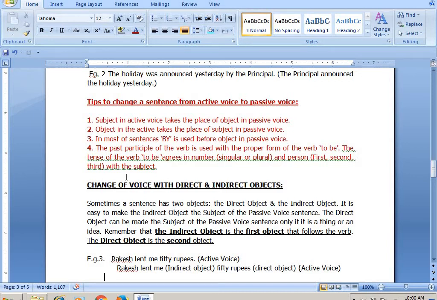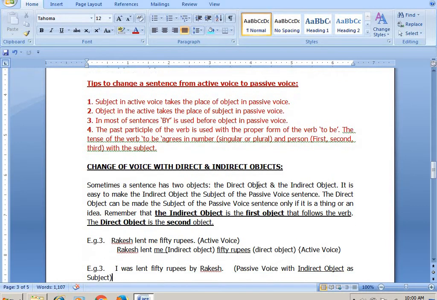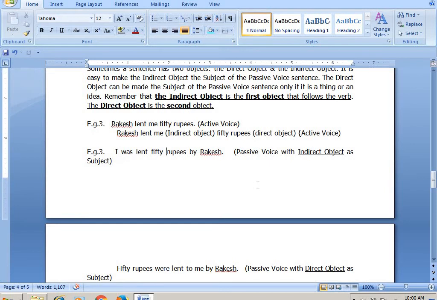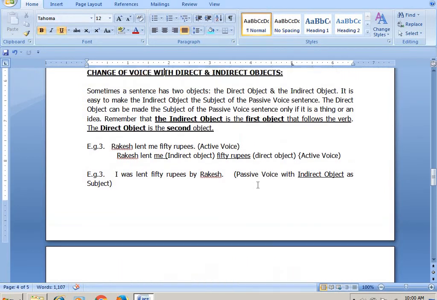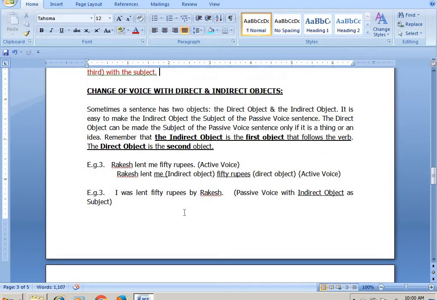Okay. Now, just see change of voice with direct and indirect objects. Sometimes a sentence has 2 objects. I told you initially that a sentence can have 1 object, 2 objects, or even 3 objects.